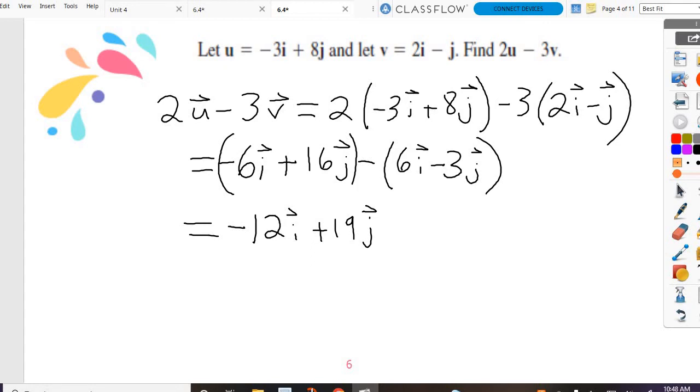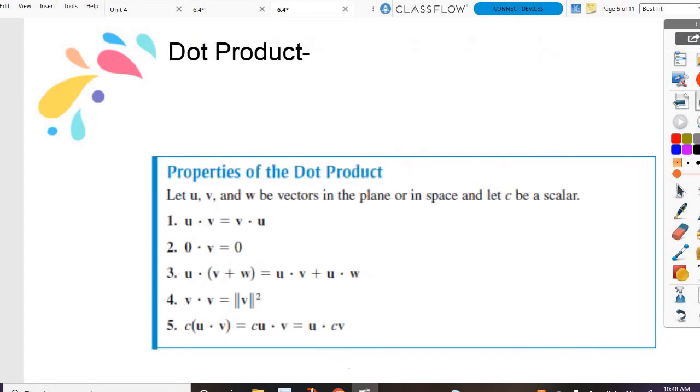Okay. So, we talked about addition and subtraction, but we also have what's called dot products. So it's kind of like multiplication for vectors, but it's not quite. Like I can't just multiply the parts like we did with the addition and subtraction.